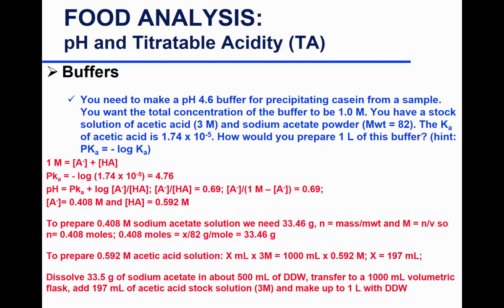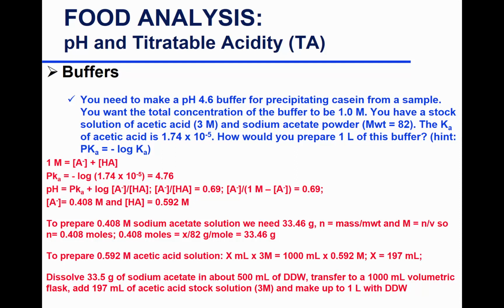And then I have to solve for the mass, the amount that I need to give me this many moles. The molecular weight, I gave you that, it's 82. So number of moles equals mass over molecular weight, and I'm solving for X. I get 33.46 grams. So if I weigh 33.46 grams and put them in a liter, that will give me 0.408 molar sodium acetate.